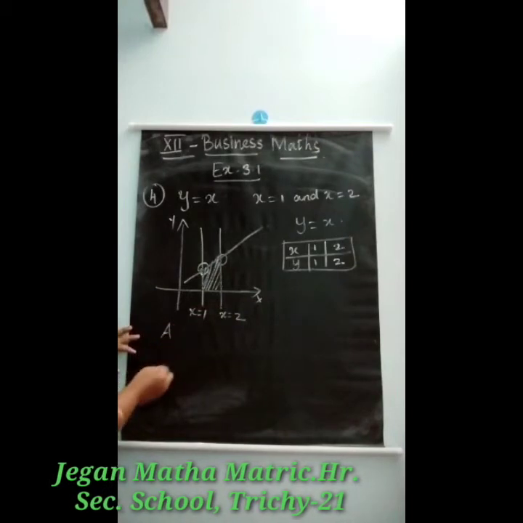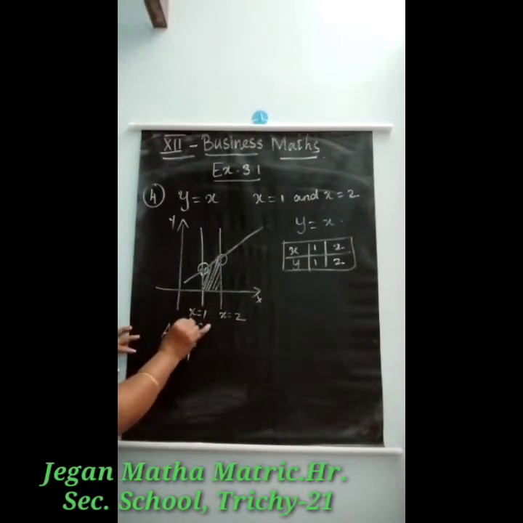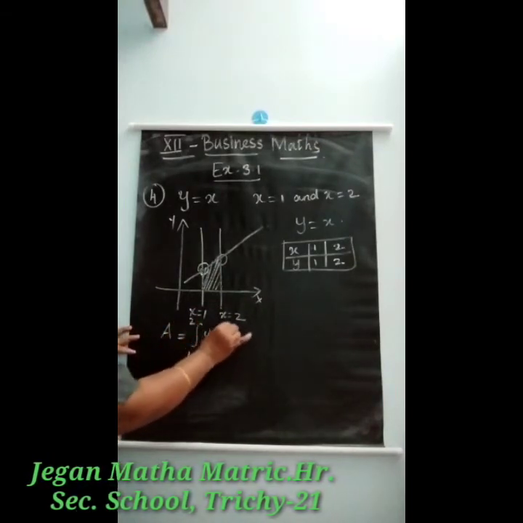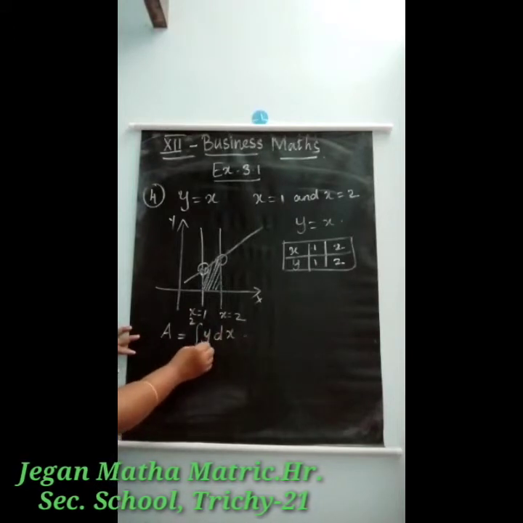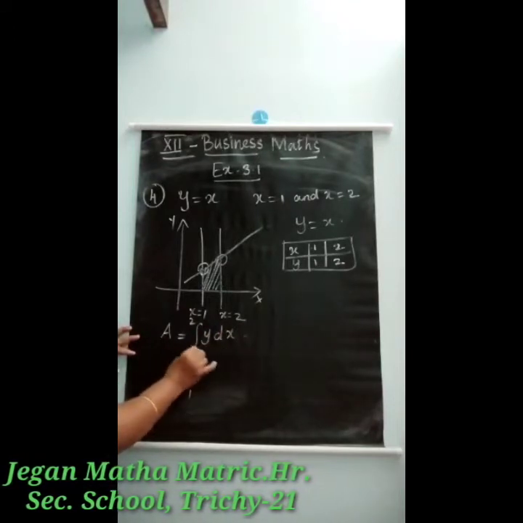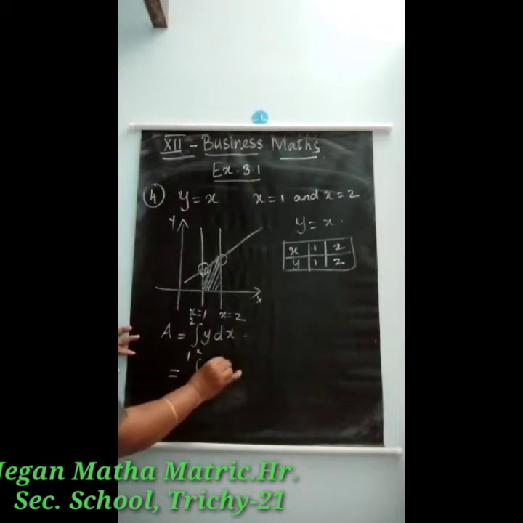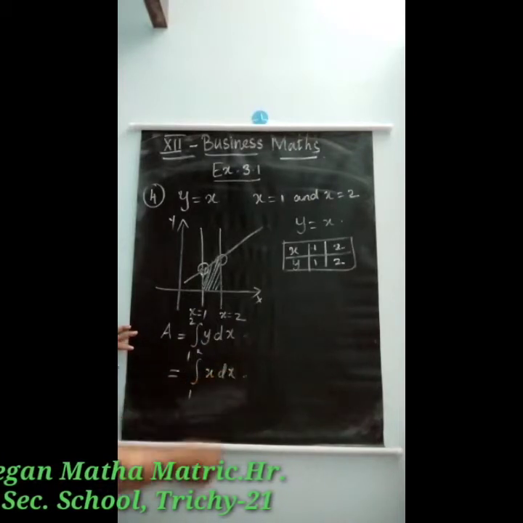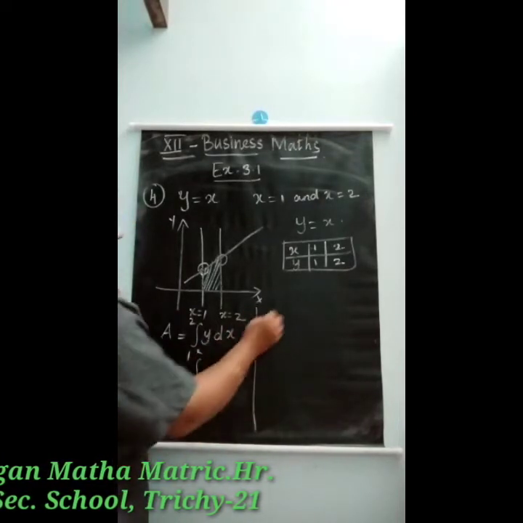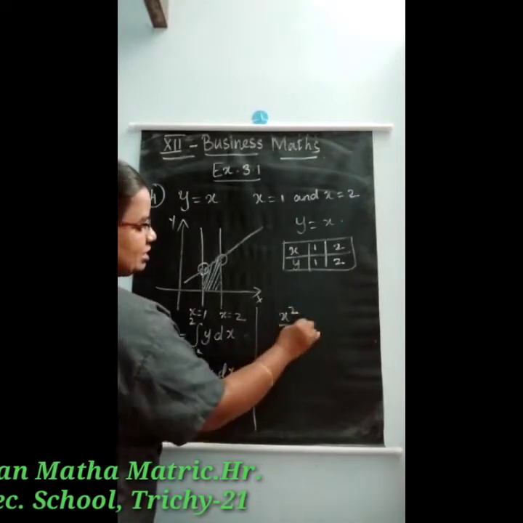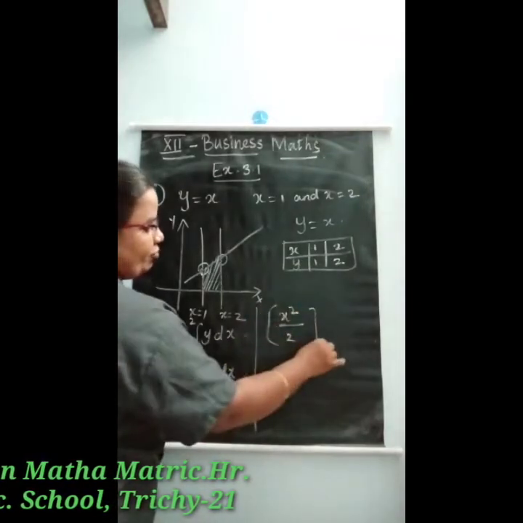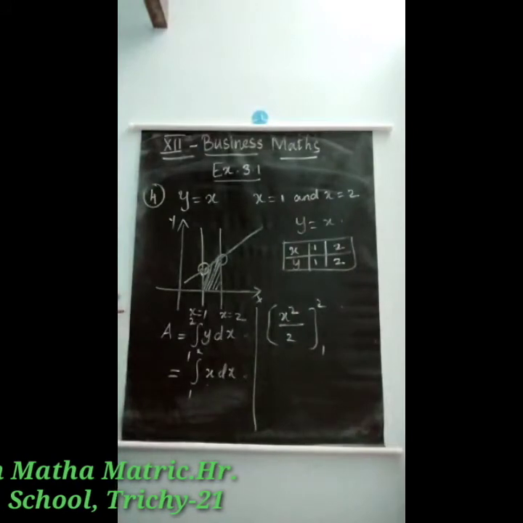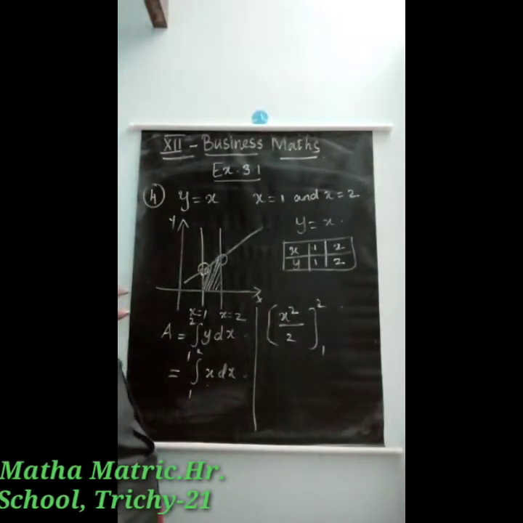Area is equal to integral of 1 to 2 y dx. What is y? y is x, so integral of 1 to 2 x dx. That is equal to x squared by 2, integral of 1 to 2. Now we substitute the upper limit and the lower limit.